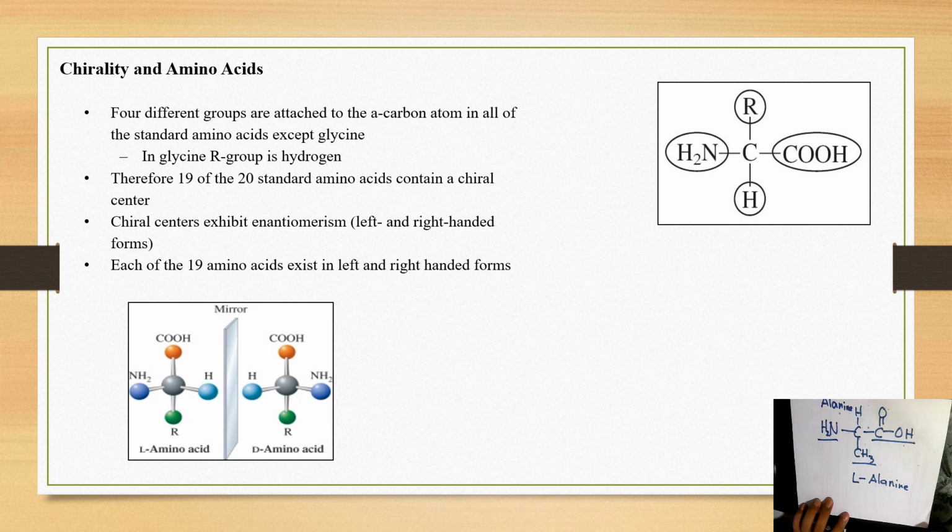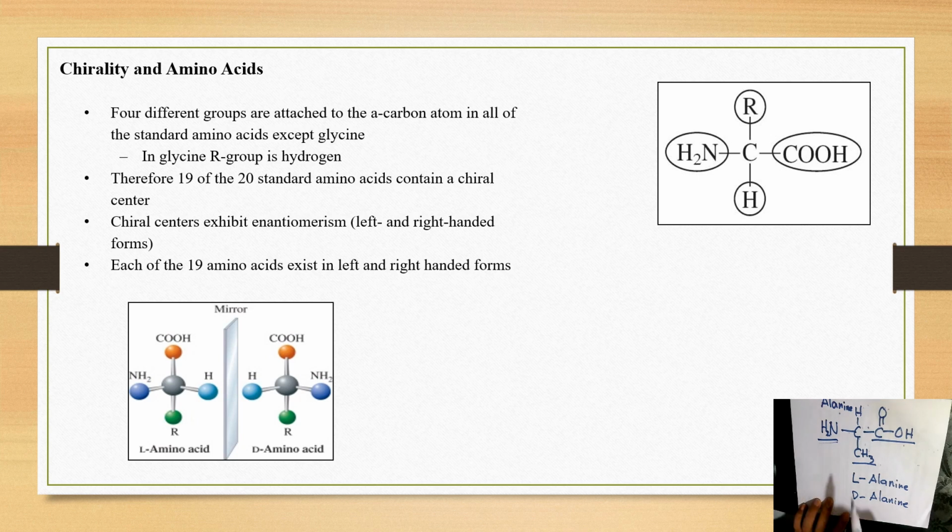And of course, since the alpha carbon is a chiral center, it has a mirror image. The mirror image is D-alanine. How do you draw D-alanine? You just have to switch the position of the amino group and the carboxyl group.